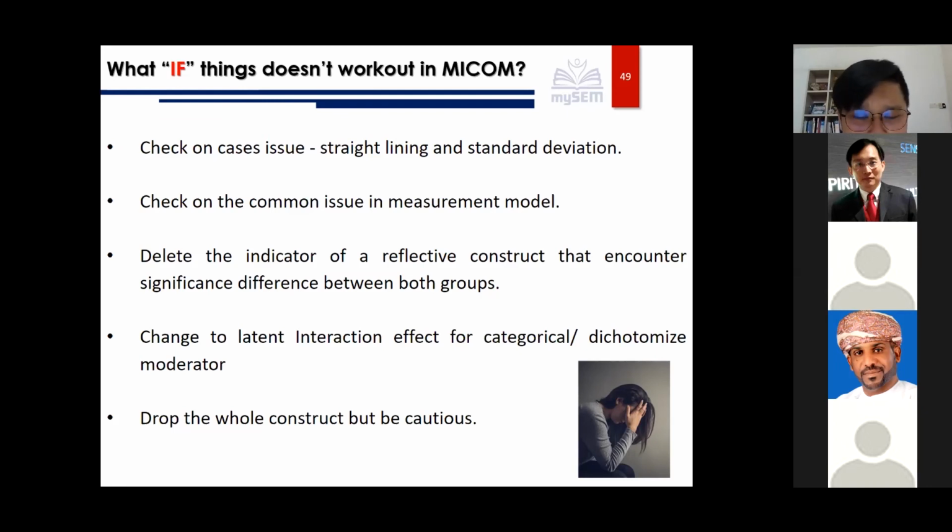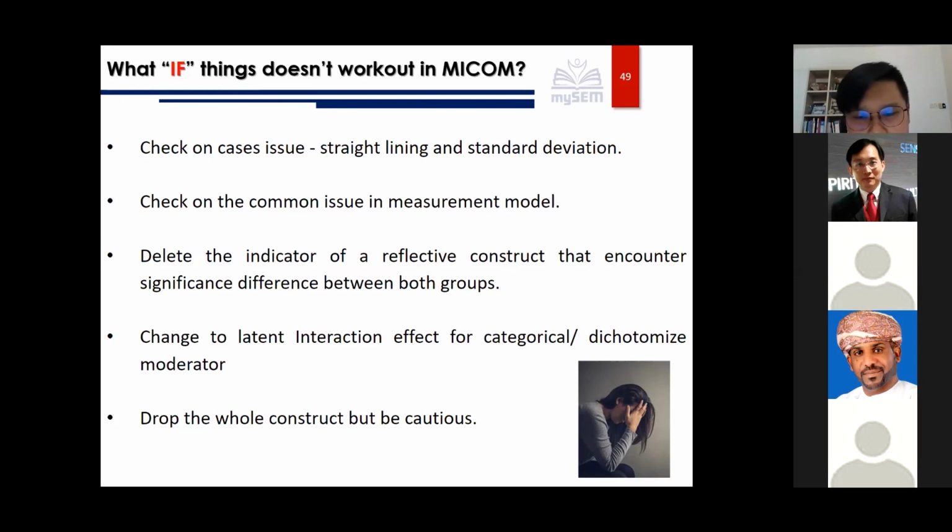And then if you use a reflective construct, because in a reflective construct the indicators are interchangeable, sometimes if you fail in your MICOM, you can delete items of the reflective construct, only reflective construct, in order for you to pass at least the minimum step 2. And the fourth will be to change to a latent interaction effect with a categorical or dichotomous moderator, which means you don't do multi-group analysis anymore.